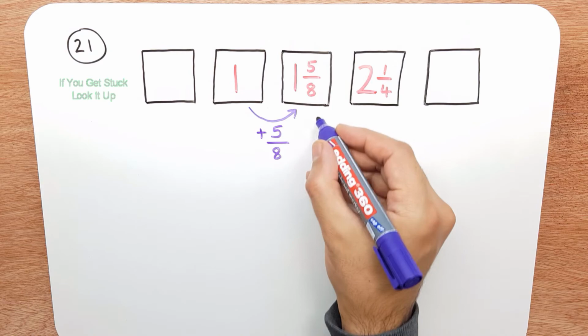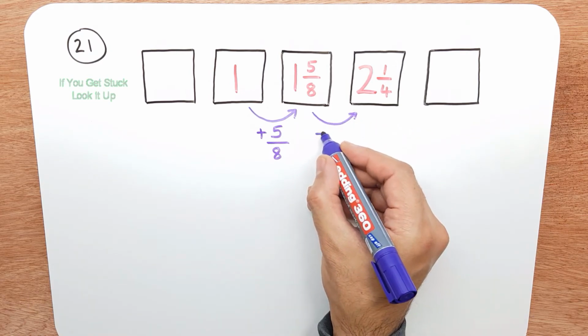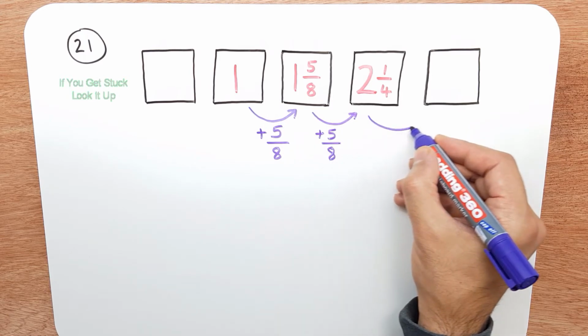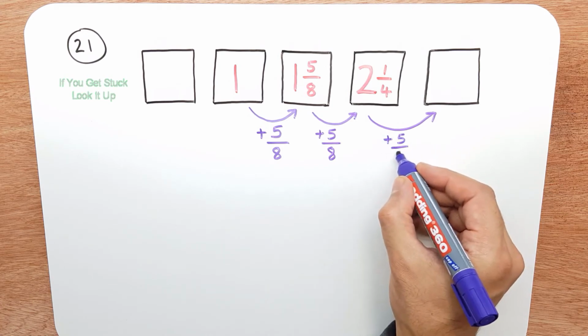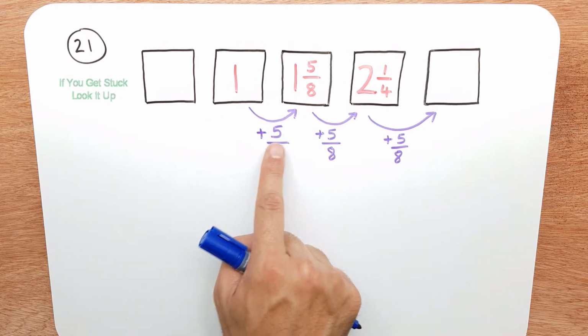So now I know if I go that way, I need to add on 5/8. And if I go from there to there, I need to add on 5/8. Now, if I go to the right, I add on 5/8.